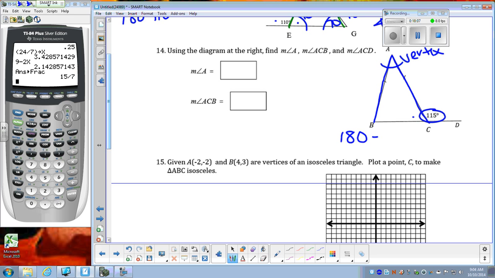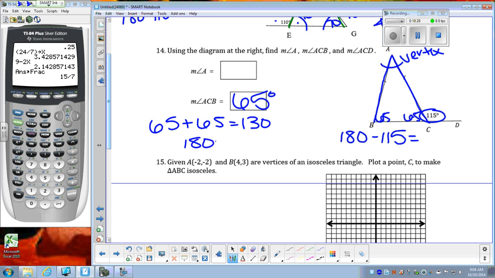So to find ACB, I do 180 minus 115, and that is 65. So ACB is 65 degrees. Well, I know angle B would also be 65 degrees. So to find angle A, I do 65 plus 65, which is 130. And then subtract that from 180 to get that angle A is 50 degrees.